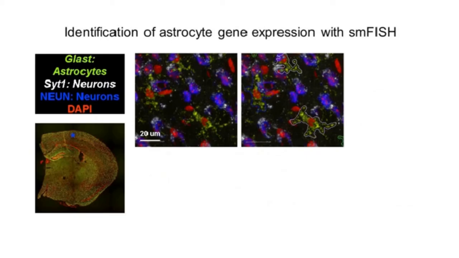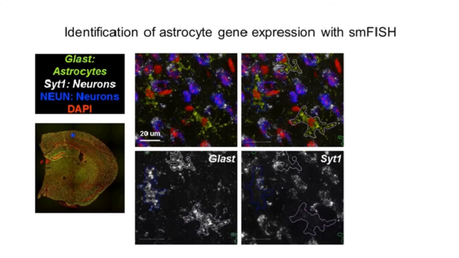So to be able to look at astrocyte gene expression with SM-FISH, I used an RNA probe against a highly expressed astrocyte marker, Glast, in green. On the left, you can see a low magnification image of a brain section showing that Glast labeling is present abundantly throughout most brain regions. On the right, you can see a high magnification image of a cortical upper layer where, using Glast and DAPI, we can go about segmenting the astrocyte cell bodies, including their soma, as well as their main processes.